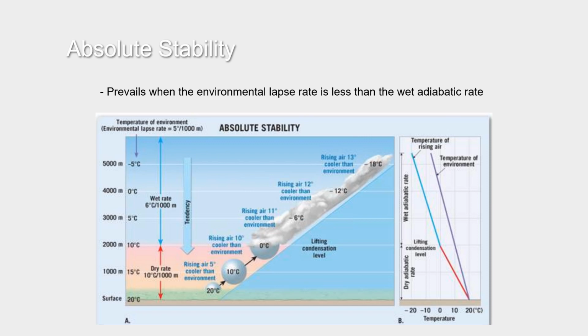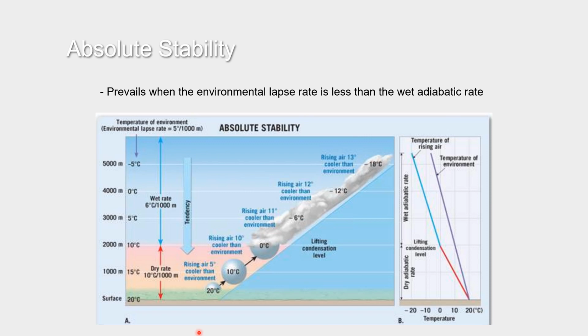We've already learned the difference between environmental lapse rate and the adiabatic rate, which we should not confuse. In this figure, you can see that the vertical axis is the height in meters, and the red arrows indicate the dry rate of the adiabatic cooling, and the wet rate is in the blue arrows above.